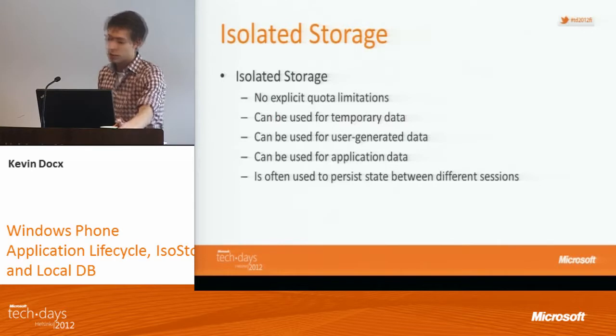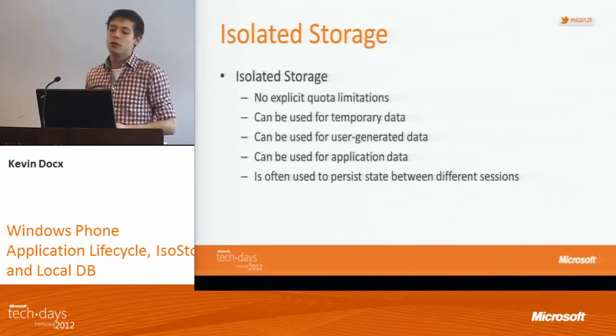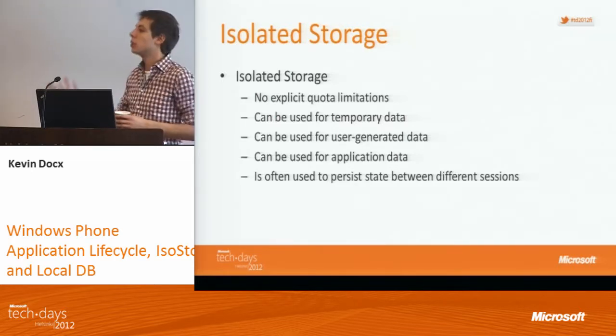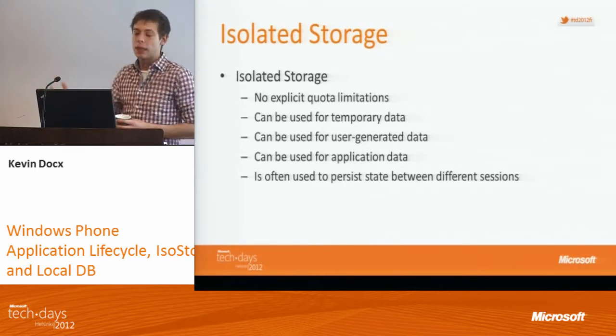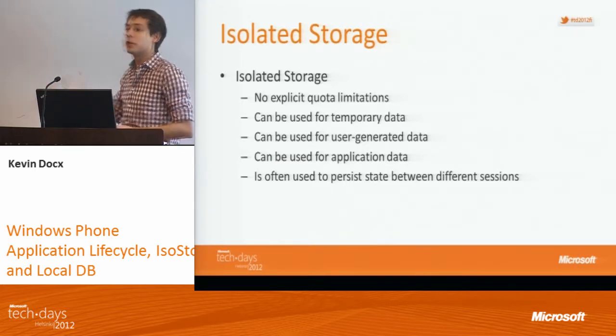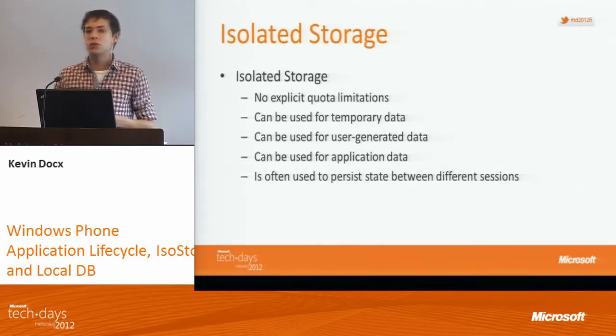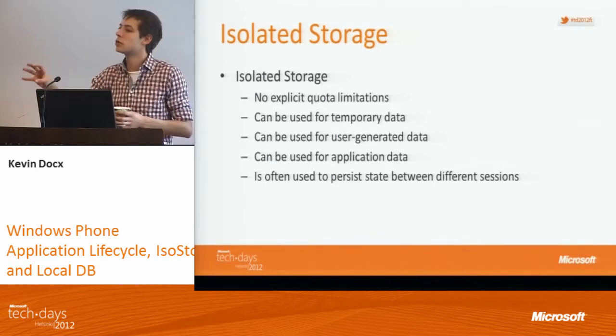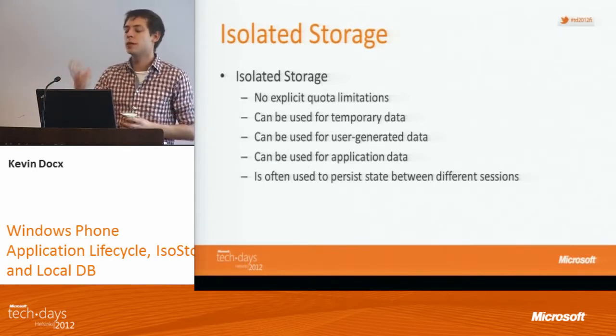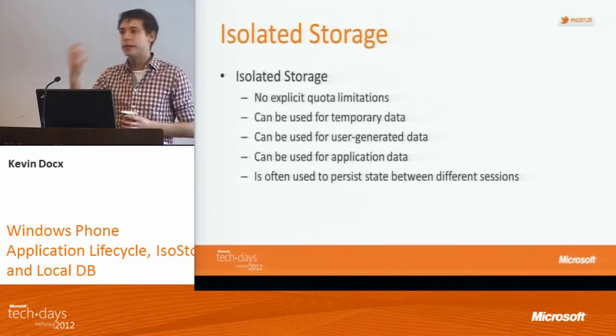What can you use this isolated storage for? Some people use it for temporary data. So data that's used throughout your application, but should probably be removed when you exit the application. It can be used for user-generated data. So if you have an application that generates some documents, you can save those in isolated storage. Isolated storage of an application is only accessible by that application.